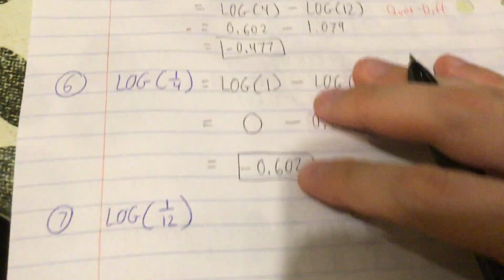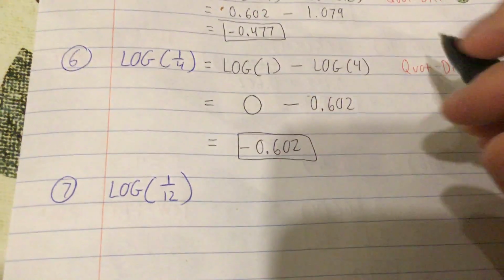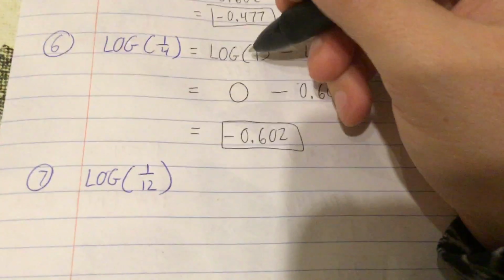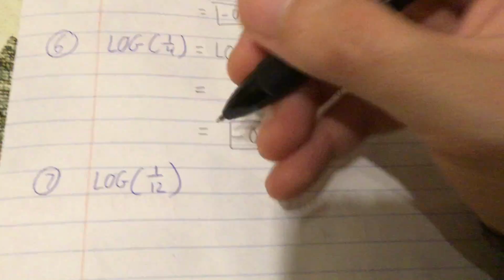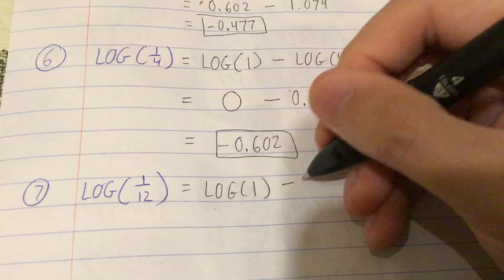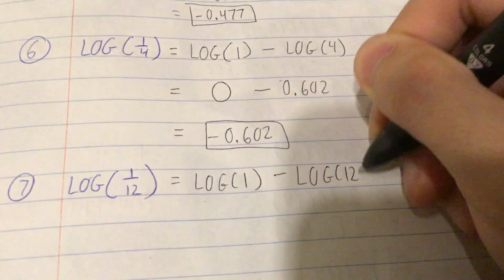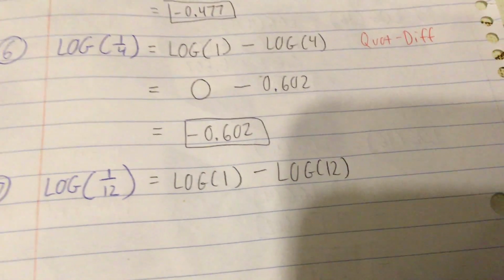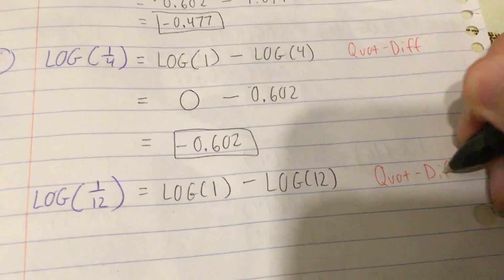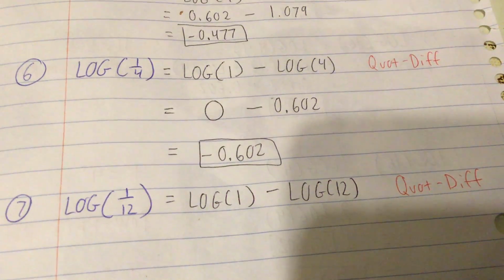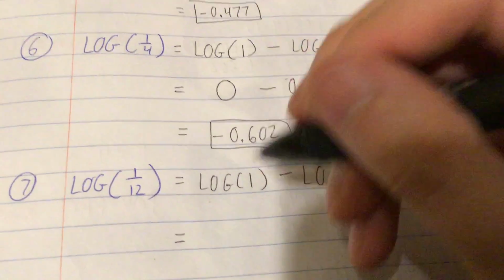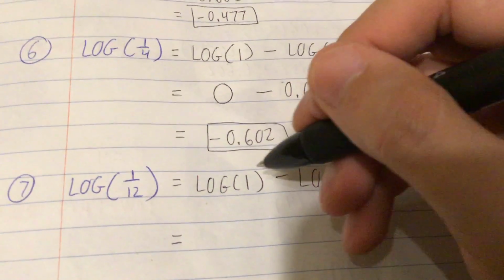Okay. And finally over here, log of 1/12. Well, if we know log of 4 and know log of 12, and guess what? We kind of already knew log of 1. We can expand this by making this log of 1 minus log of 12 by the quotient difference rule. Just like social studies class, we support our information with evidence. Well, log of 1, 10 to what power is 1?